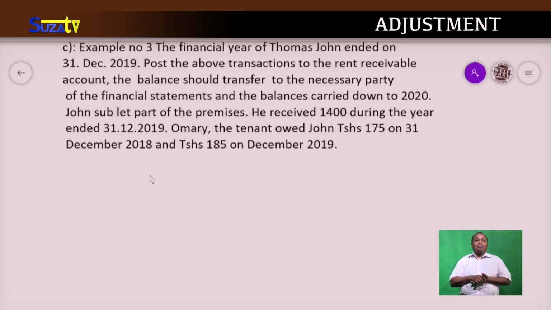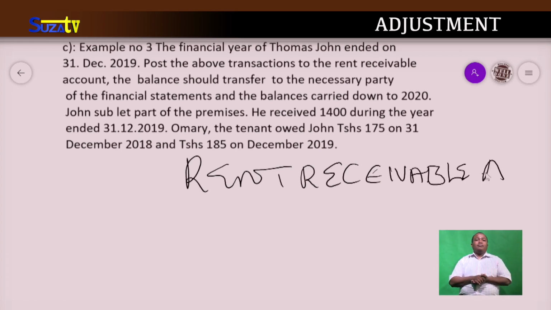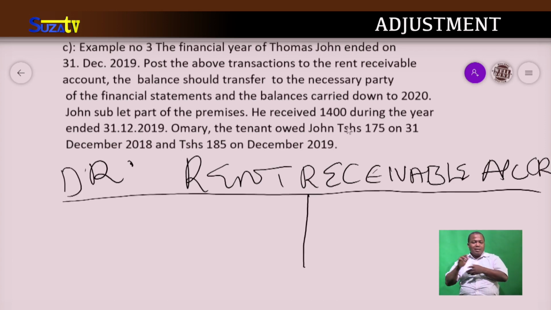First of all, open the account of rent receivable. Here is a debit. Here is a credit. John received 1,400 during the year ended 31st December 2019.